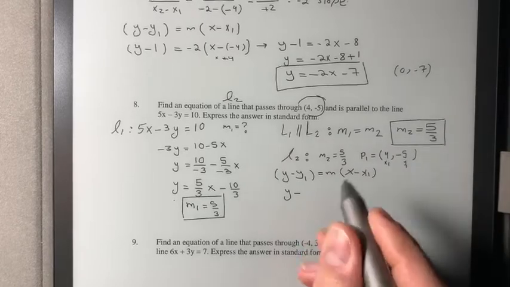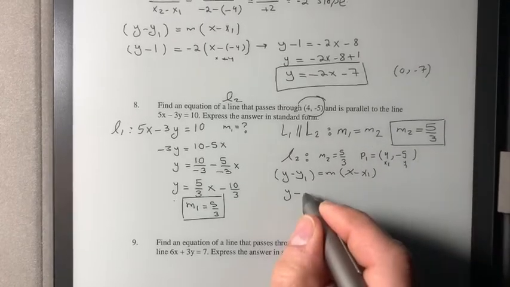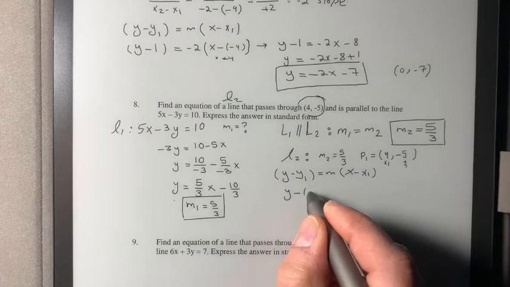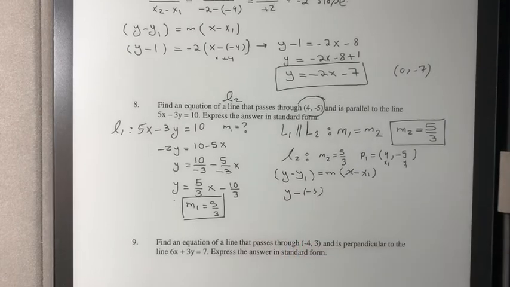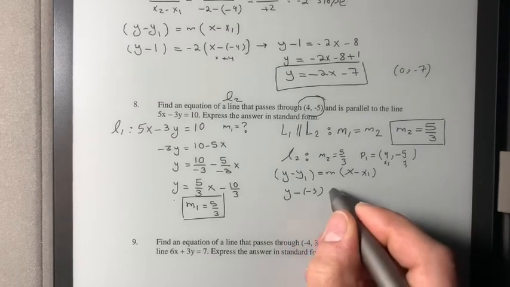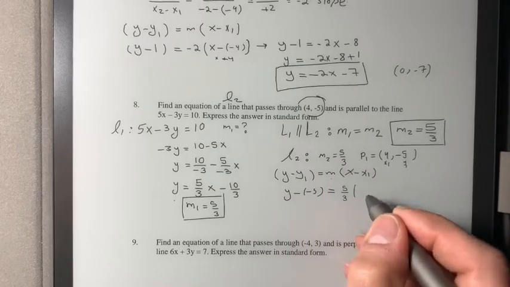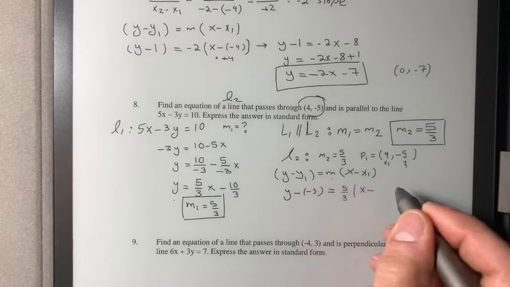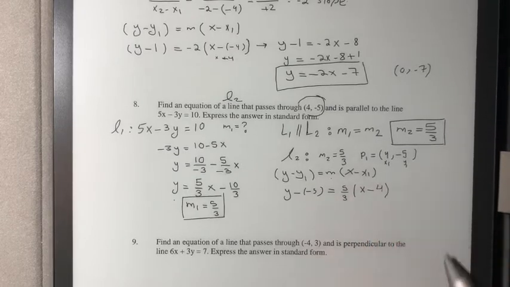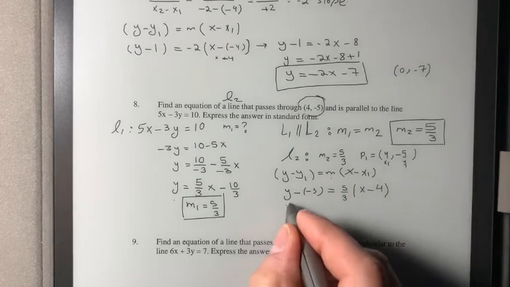Am I right? Because it's a point, correct? You can label it like this. So instead of y1, I'm writing negative 5, equal to, instead of the slope, 5 over 3, and instead of x1, let's write 4. And then now organize everything.